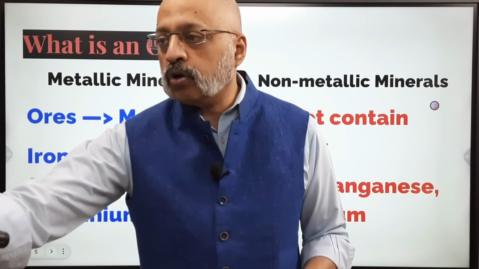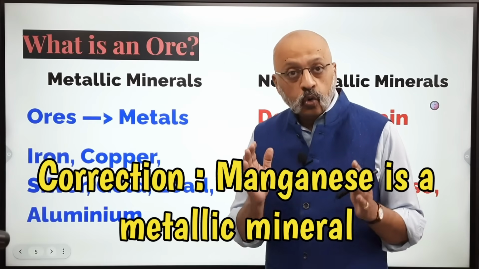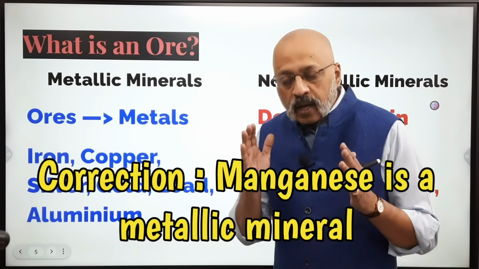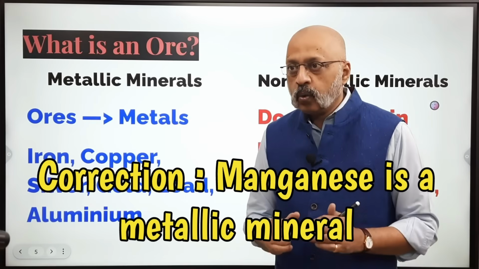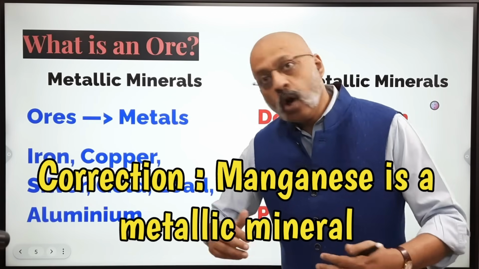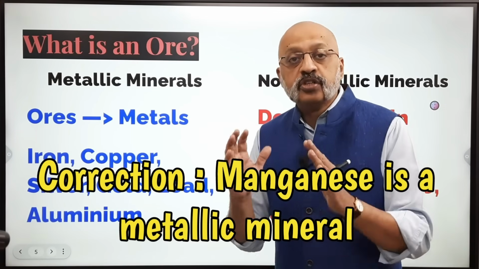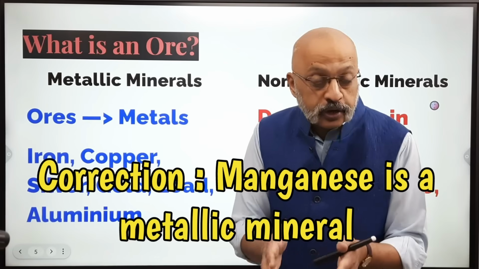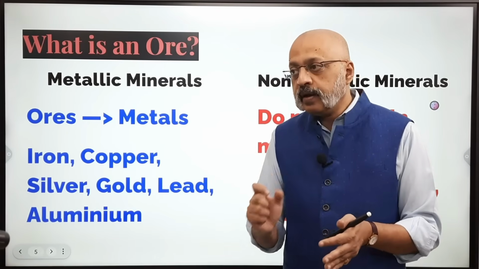Let's then move on to what exactly is an ore. And this definition is something which you would do well to remember. An ore is a naturally occurring deposit which contains a mineral or more than one mineral in sufficient concentration to justify commercial exploitation. What do you mean by commercial exploitation? I've written the definition in the notes PDF.